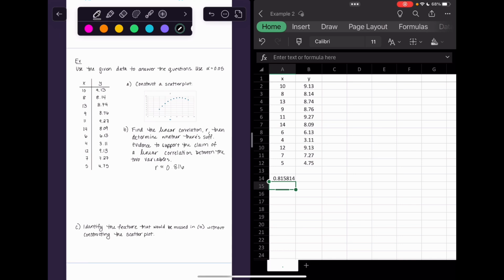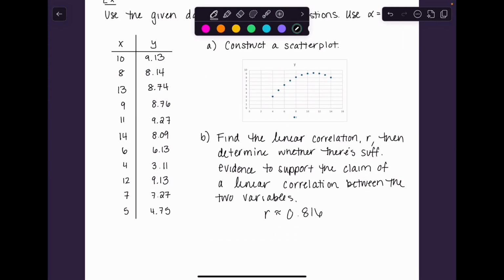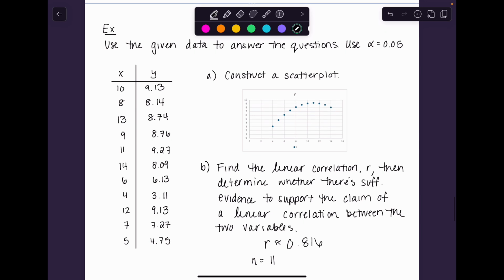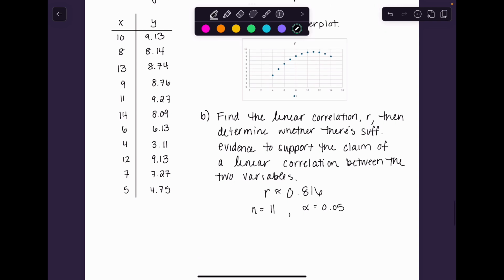So now I want to see, is this sufficient or not to tell me there is a correlation? I need my value of n, and if I count that, that's 1, 2, 3, 4, 5, 6, 7, 8, 9, 10, 11 data values. And they tell us to use a significance level of 0.05. So if I go to my table, I need to figure out what my critical values are.